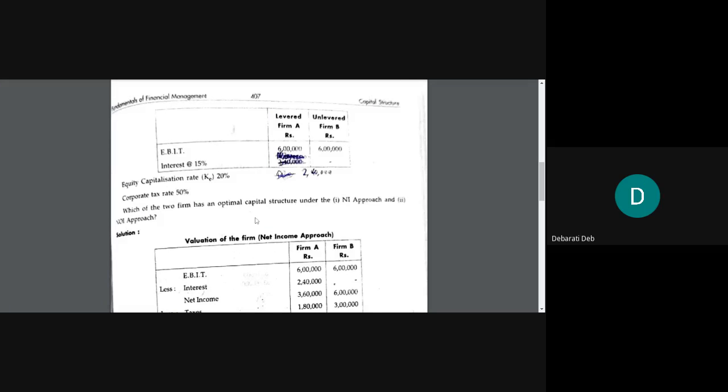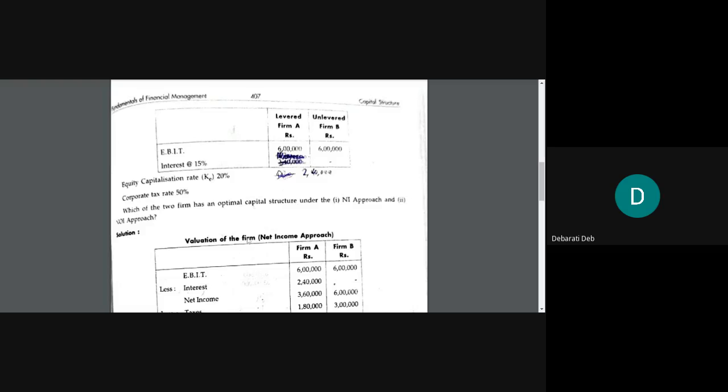How will we do that? We will calculate the overall cost of capital for both the firms under the NI and NOI approach. For both the firms, we will calculate the KO, that is the overall cost of capital, and we'll see whether the firm which has the higher value also has the lower KO or not.